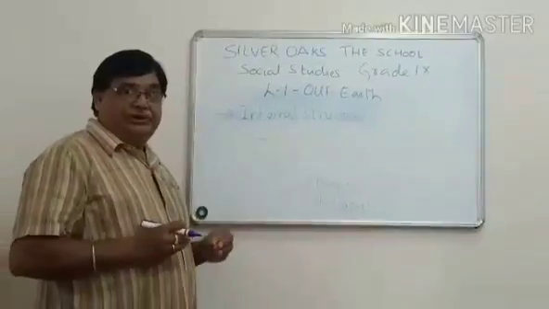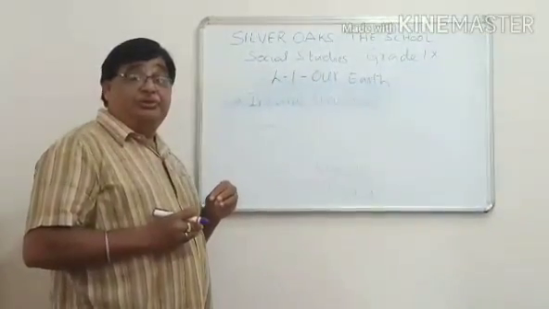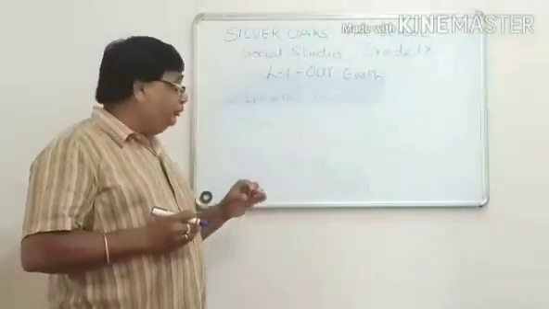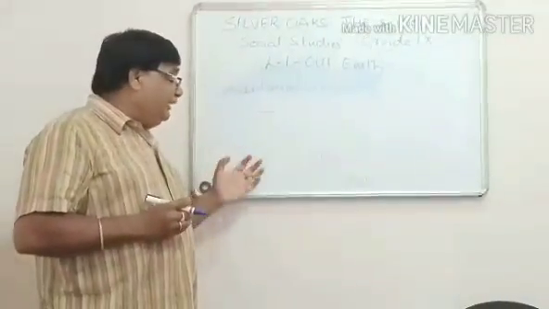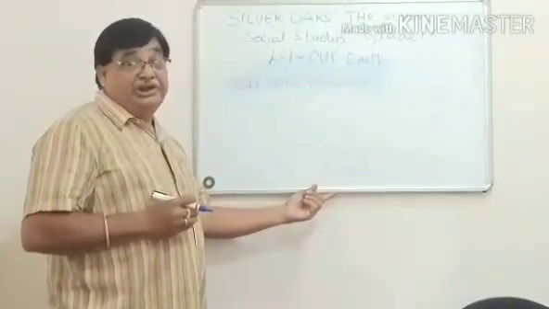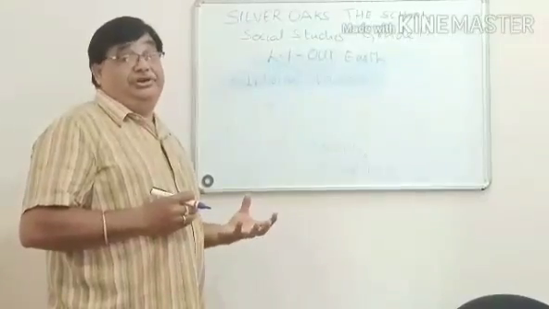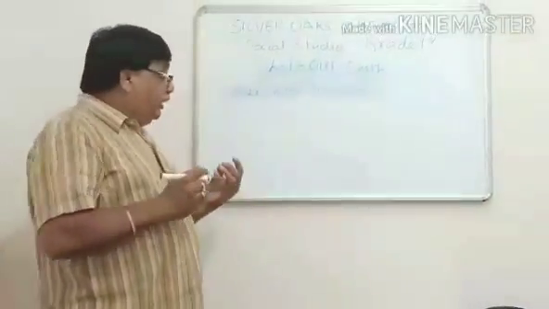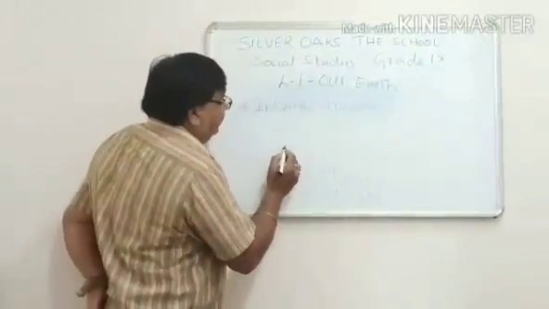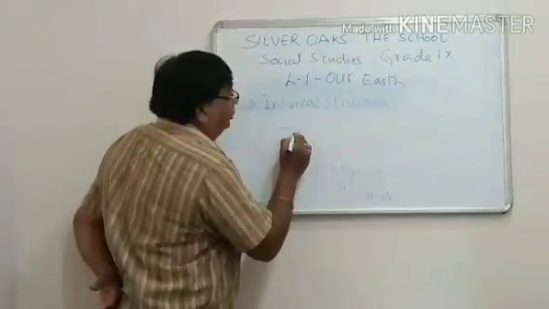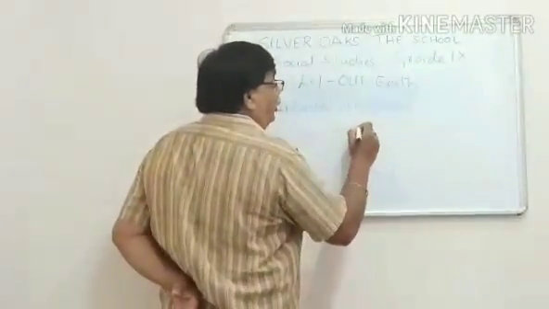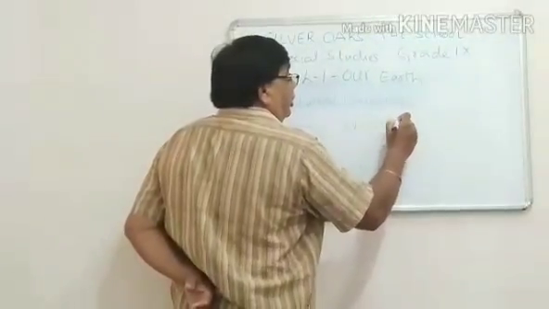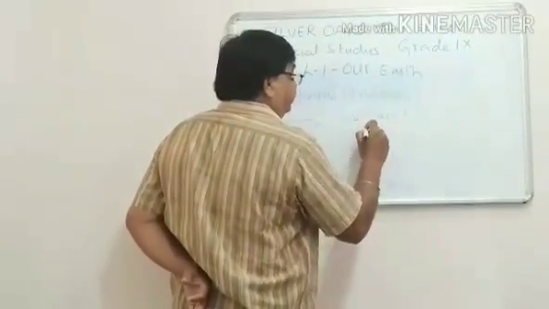Now let us discuss some interesting facts about the internal structure of the earth. The mantle, which consists of silicates, is still hot, and the material from the mantle comes out onto the surface of the earth through volcanoes and fissures.